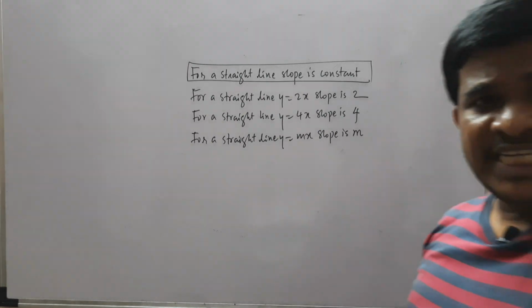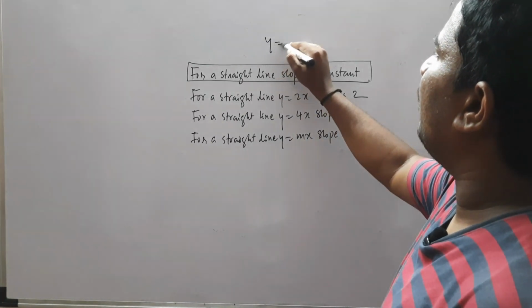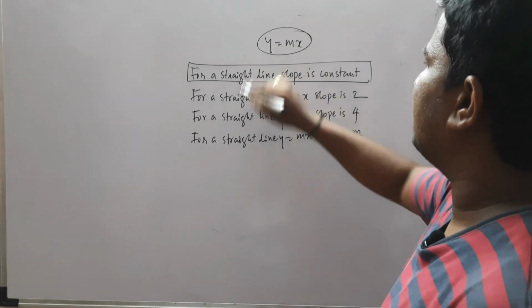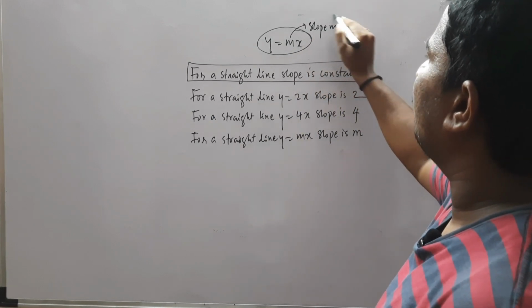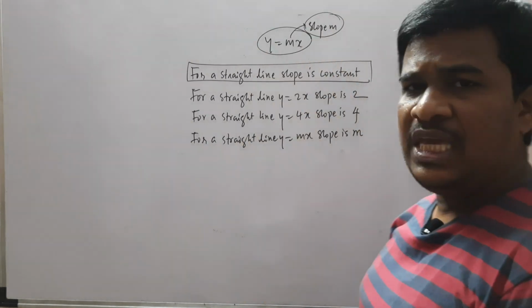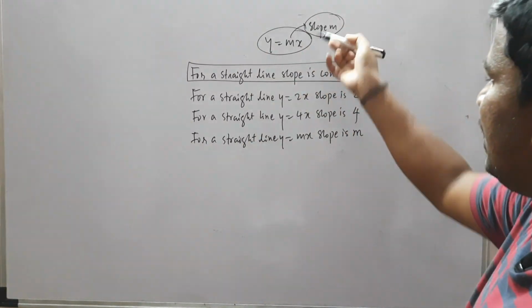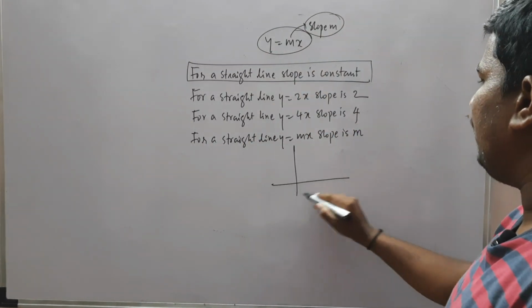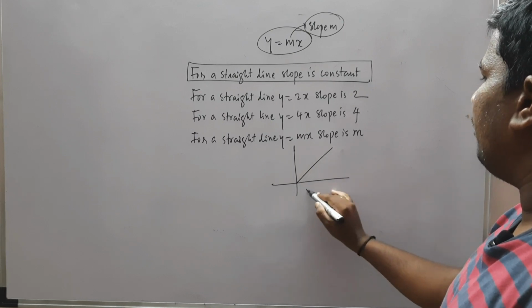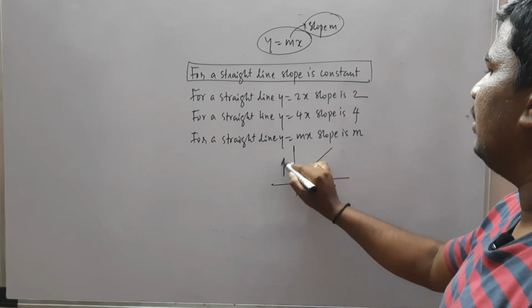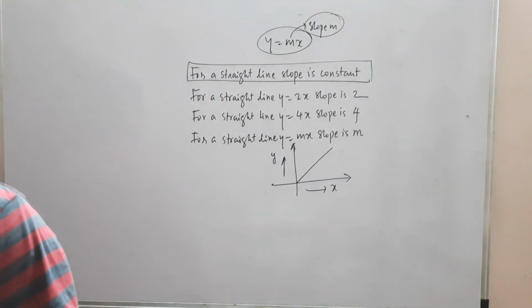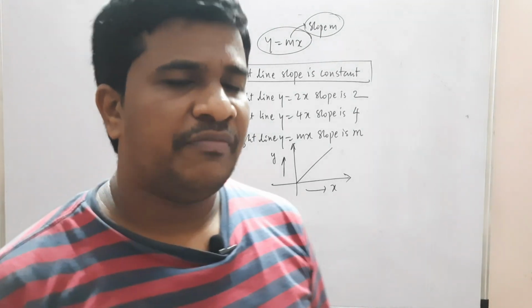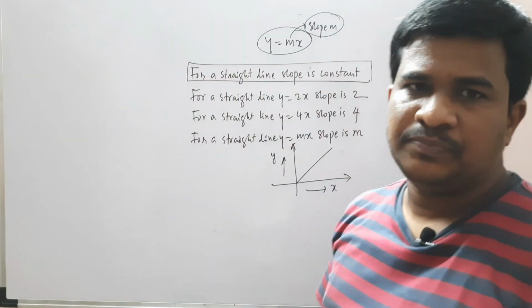So all the lines which are of the form y equal to mx will have a slope m, where any straight line of this form will be a straight line passing through the origin. So please remember the shape of the graph of y equal to mx and what is the slope of the graph y equal to mx.